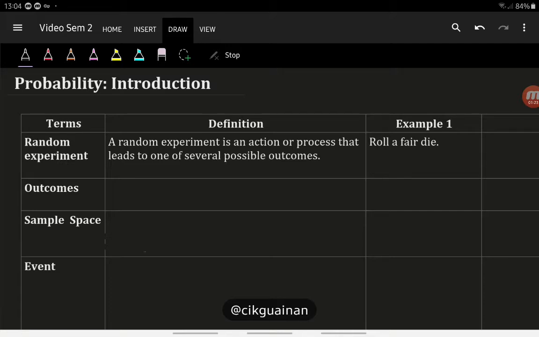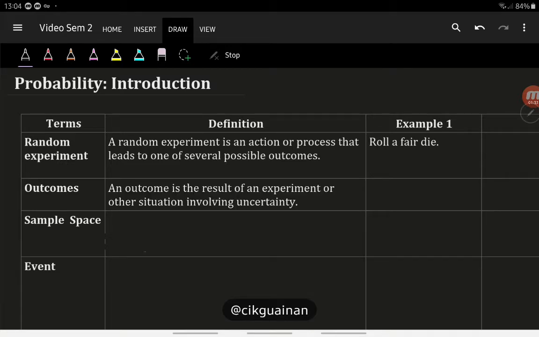So a random experiment is one action. We have a fair die and we roll. That's the random experiment that we do. Now how about outcome? Outcome is the result of an experiment or other situation involving uncertainty. What sort of result do we expect if we roll a fair die?